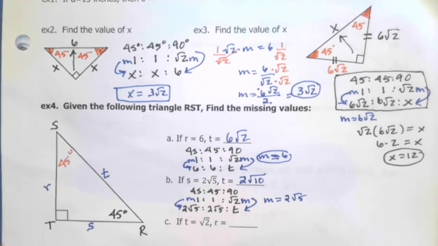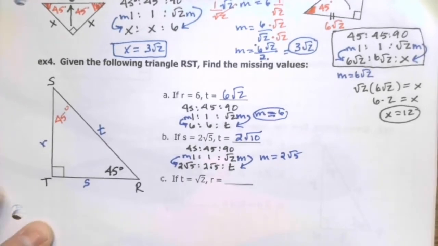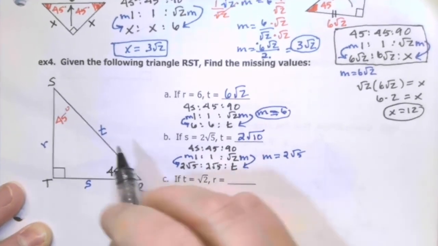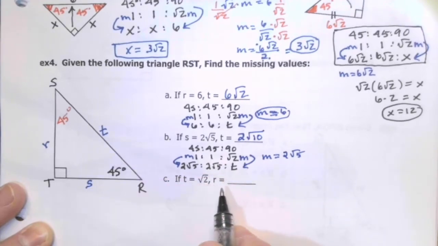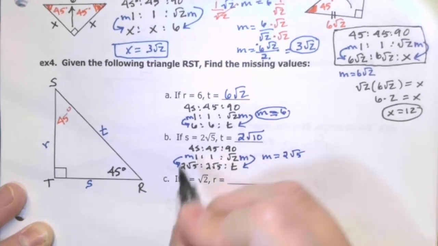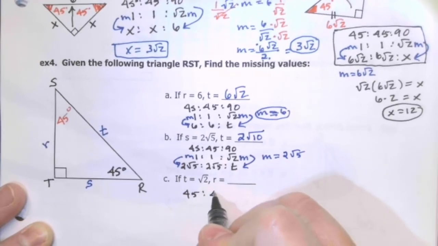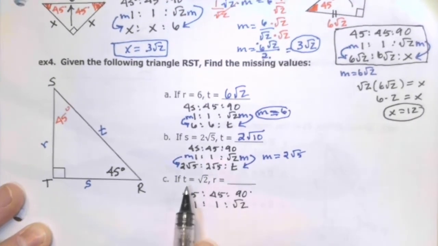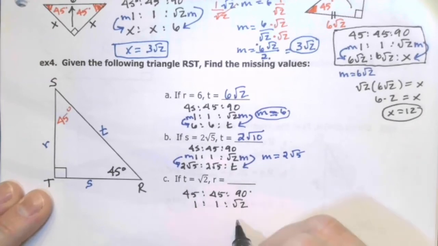All right, last one of these, and then we're going to move on to our second triangle. So if t is radical 2, so if the hypotenuse is radical 2, we're trying to find r. Again, this is a 45, 45, 90 triangle whose sides reduce to 1, 1, radical 2. T is opposite the 90.